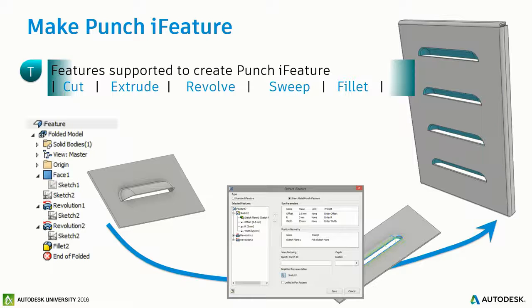So for this example, we create this punch feature with revolve and fillets, and then we go to Extract iFeature and publish it. You can publish this punch iFeature into the punch library, and then you can locate it on the plate easily. So let's have a quick demo.